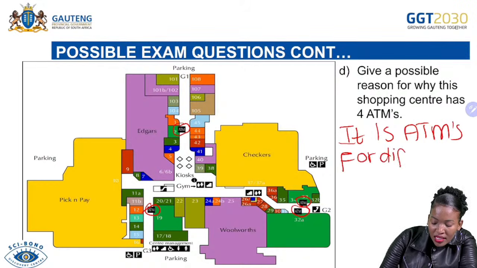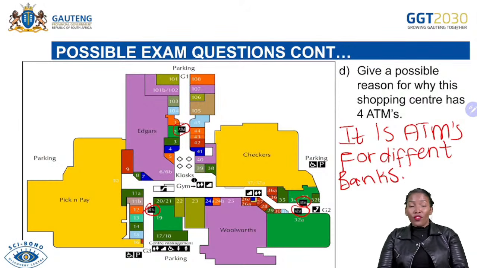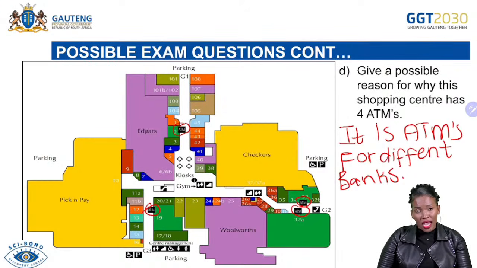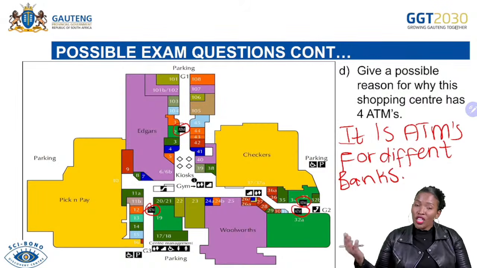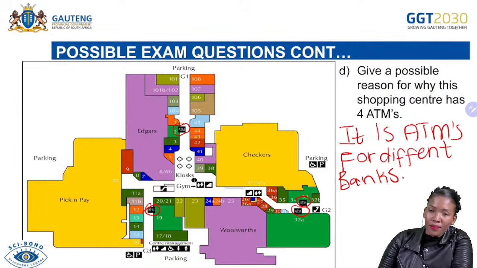So if you are using Absa, you are accommodated. You can go to your Absa ATM. If you are using Capitec, you can go to a Capitec ATM. If you are using FNB, you can go to a FNB ATM. And if you are using Standard, you can also go to your Standard Bank ATM. So this is to try to accommodate all the clients from different banks.